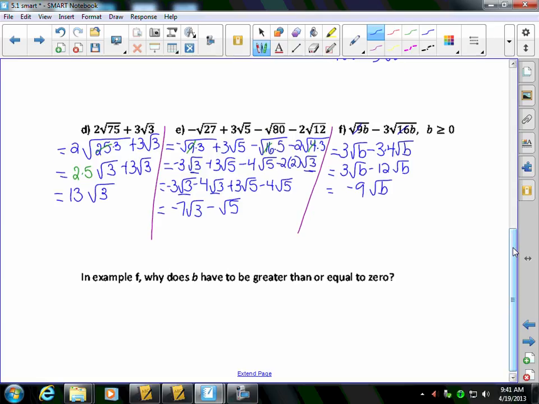So underneath it says, in example F, why does b have to be greater than or equal to 0? Right. Until you do imaginary numbers, you can't square root a negative.